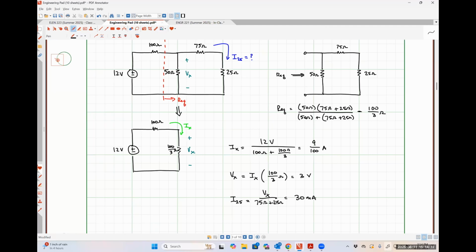Using resistor combination techniques allowed us to simplify just parts of the circuit that we were interested in in order to find pieces of information that we could have used to find what we were actually looking for, okay? So resistor combination is a lot more useful than just finding the REQ for the sake of finding REQ. So I just wanted to make sure that you guys understood that in the context of analyzing a circuit.